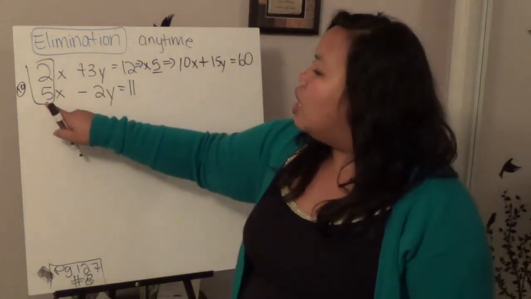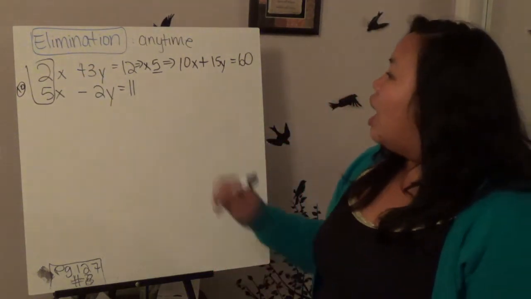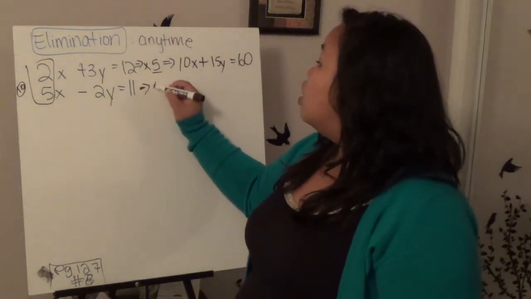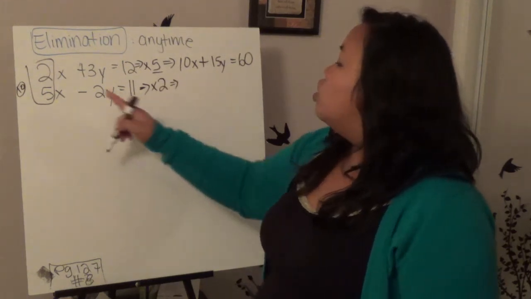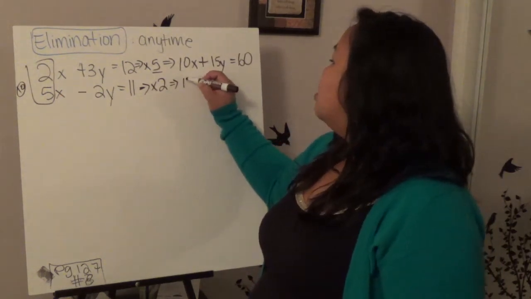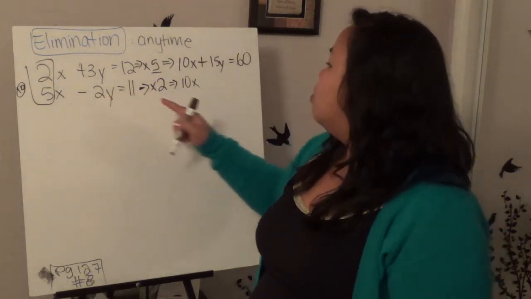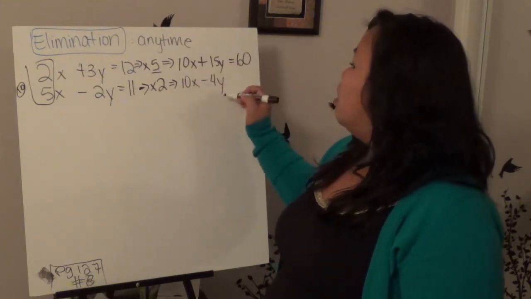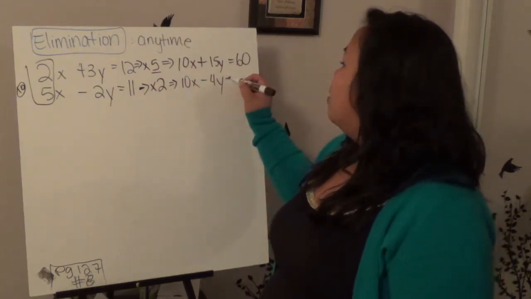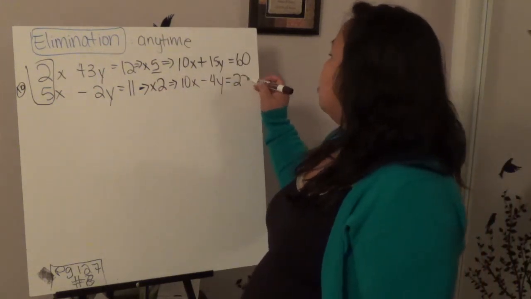Now on this one, in order for me to turn 5 into my magic number, which is 10, I have to multiply it by 2. So I multiply the whole thing by 2. So 5 times 2 is 10, okay? Negative 2 times 2 is negative 4y, and then 11 times 2 is 22.